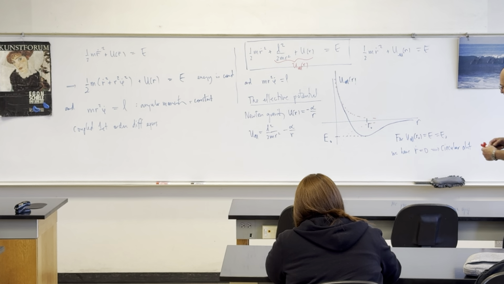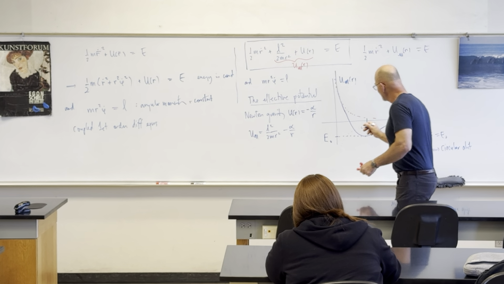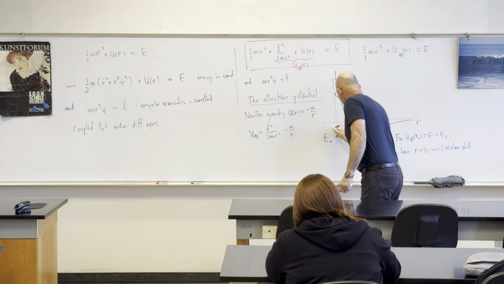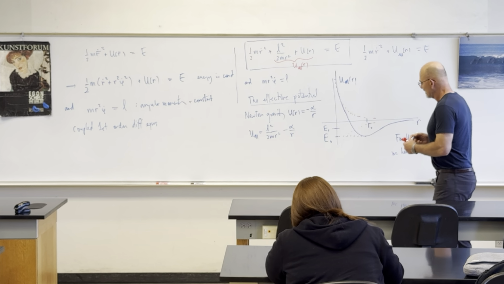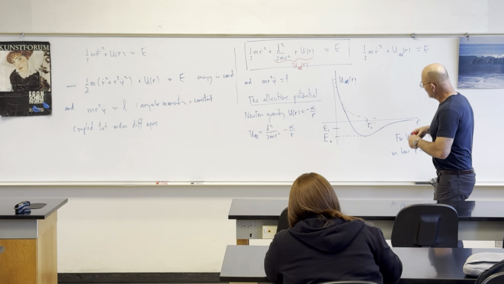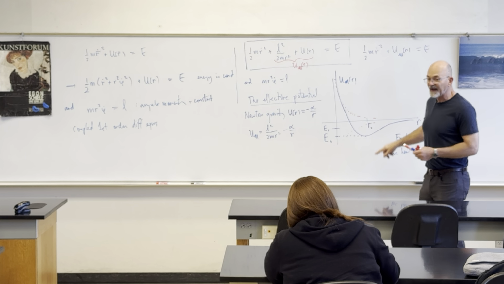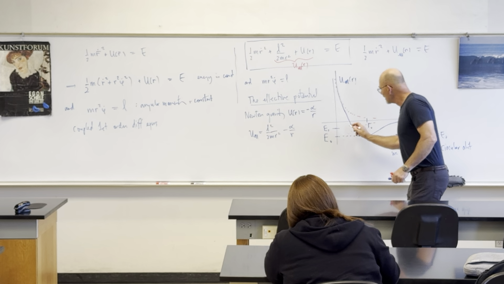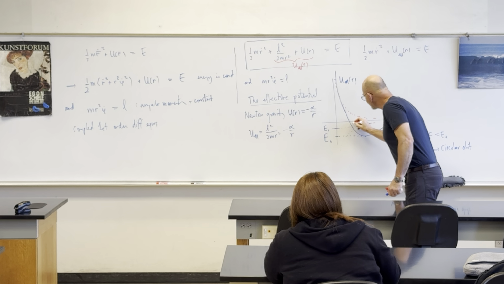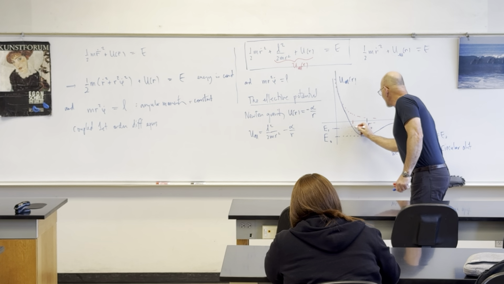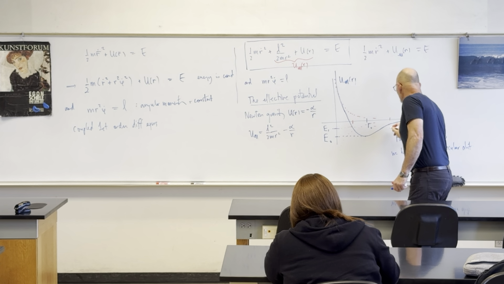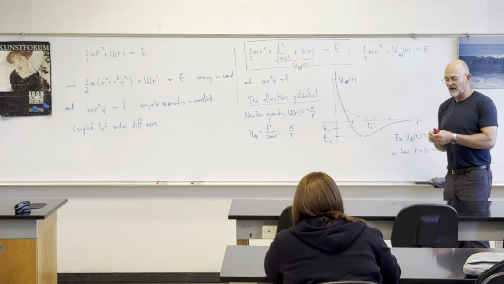So you can see the next step would be to have some energy, I'll call this E sub 1. And then you can imagine a particle moving back and forth in this potential well, and it has a minimum, come over to here, a maximum R, right?